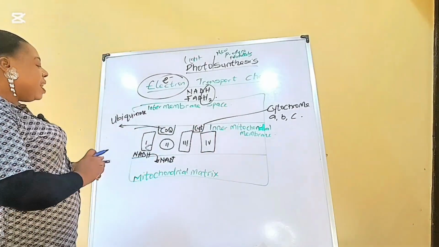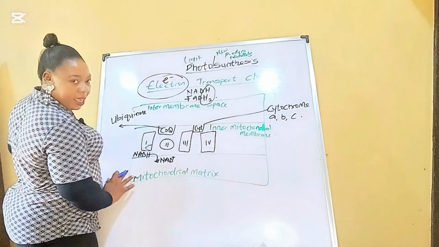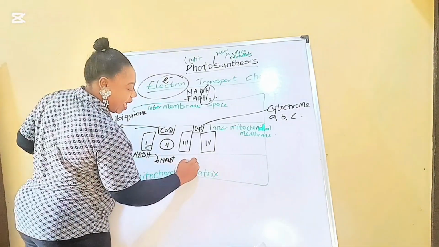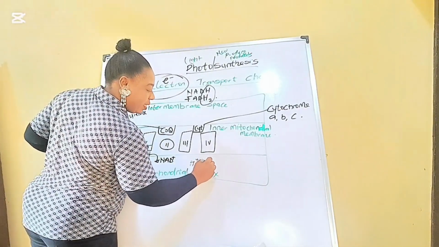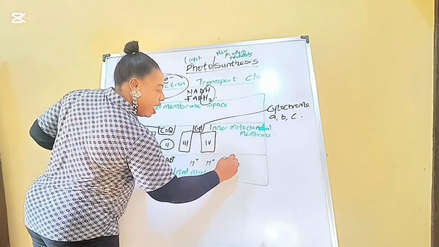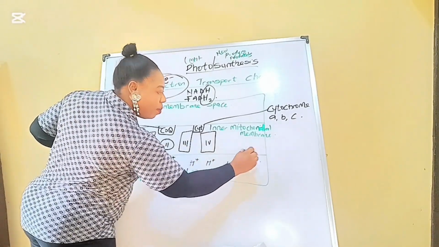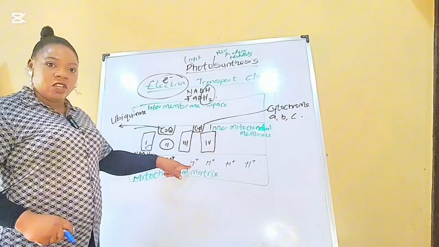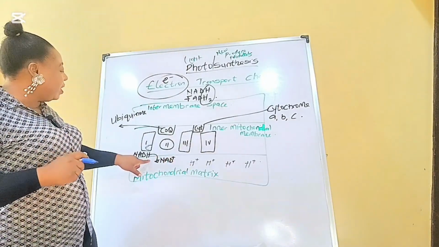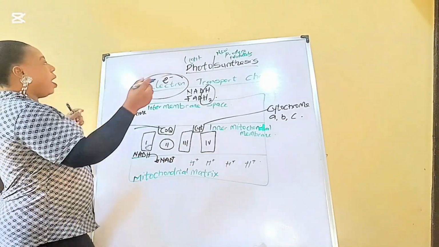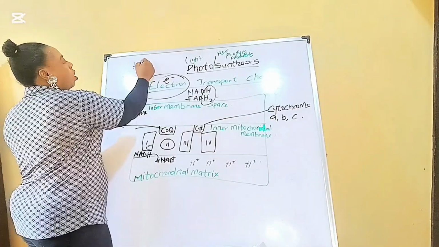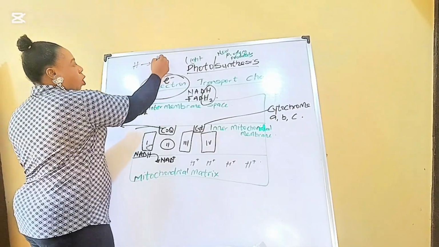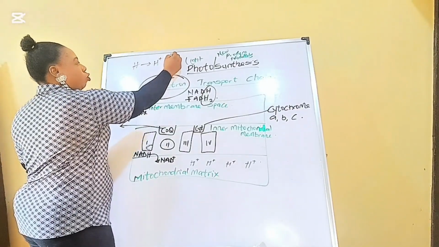Now, in the mitochondrial matrix here, we have protons. How do we get these protons? Remember when your hydrogen atom breaks down, it gives you a proton and an electron.